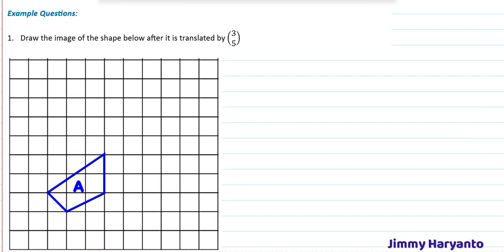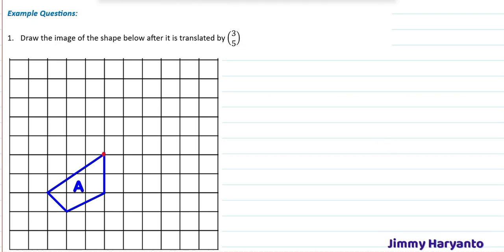Okay, let's try to draw a translation. Example question 1. Draw the image of the shape below after it is translated by 3 and 5. The easiest way to translate is to choose one point. Let's say we choose this point, and then you move that point by 3 units to the right, and 5 units upwards.